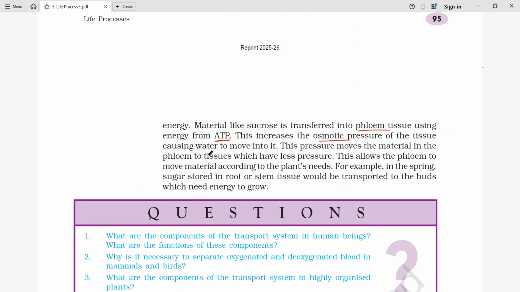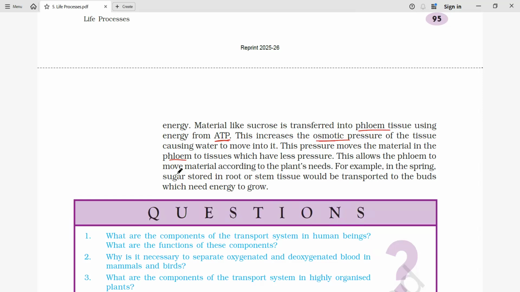So this increases the osmotic pressure of the tissue, causing water to move into it. So that osmotic pressure is also going to play a role. So that pressure moves the materials in the phloem to tissues which have less pressure. So due to this, phloem moves materials according to the plant's needs.